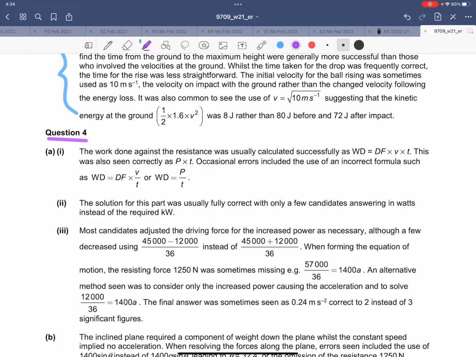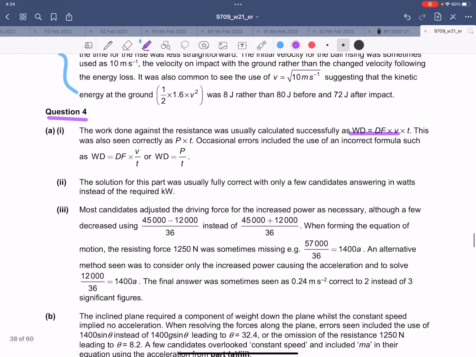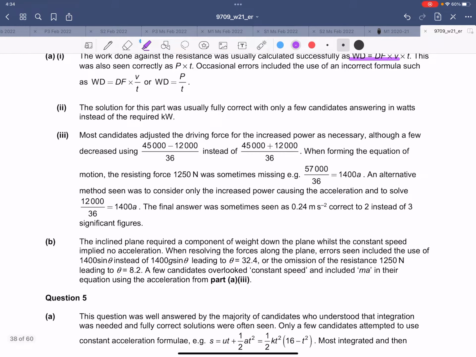The work done against resistance was calculated successfully, and the solution for this part was usually fully correct. Many candidates adjusted the driving force for the increased power, although a few decreased. Who are these people? And while forming the equation, sometimes a term was missing.